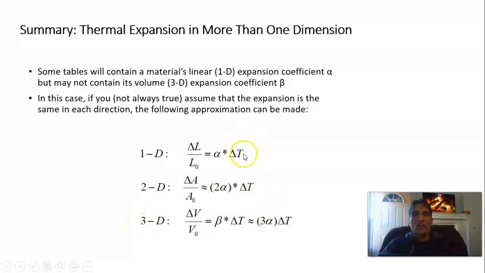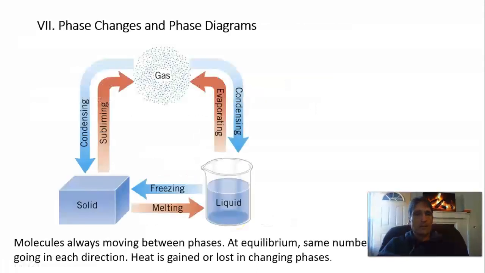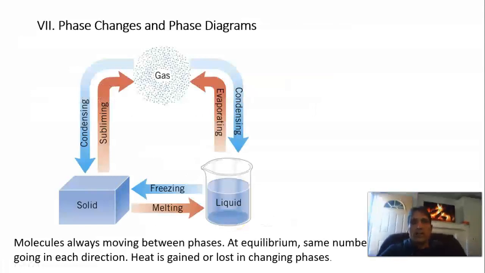But regardless, the fractional change in any dimension is proportional to delta T, and it depends on the material. So that's linear expansion and volume expansion.